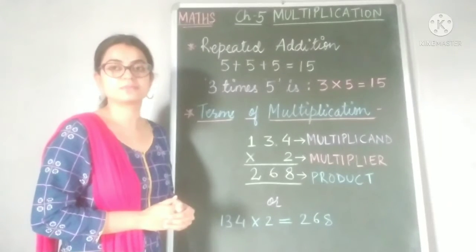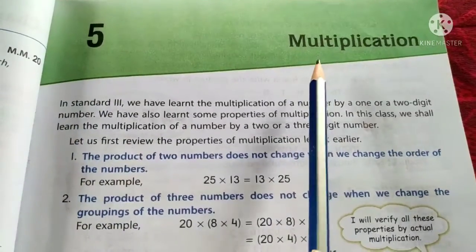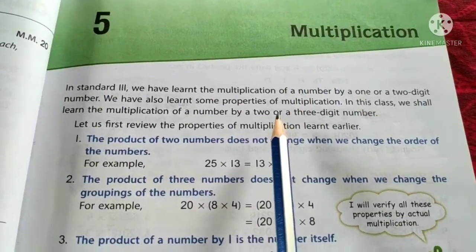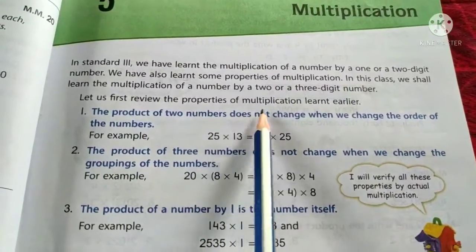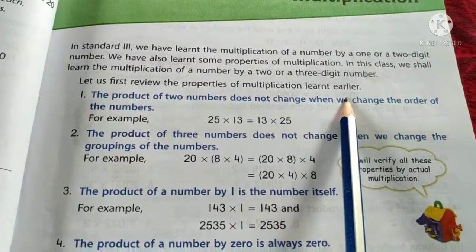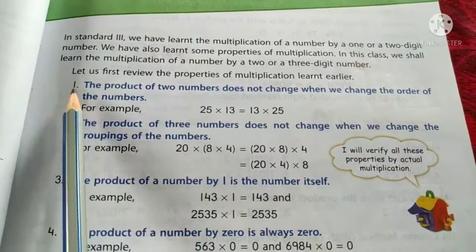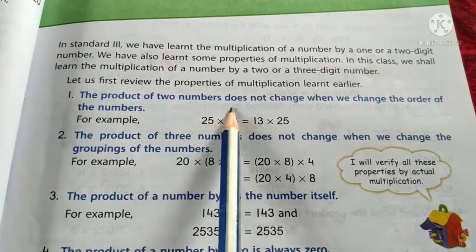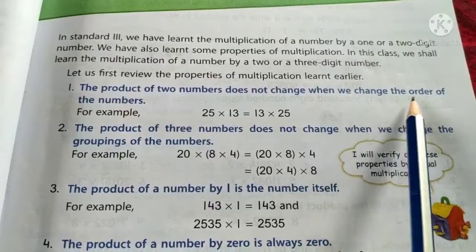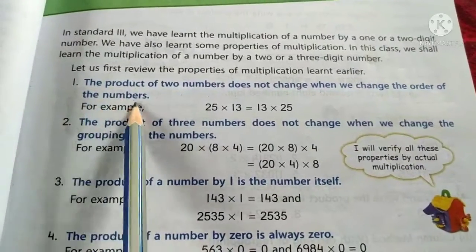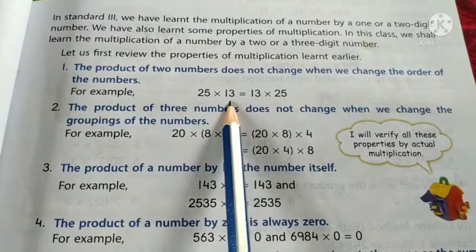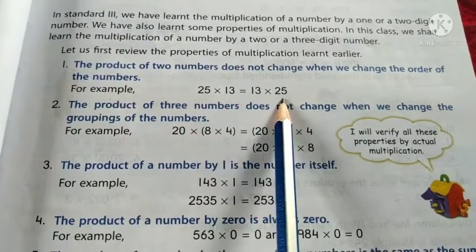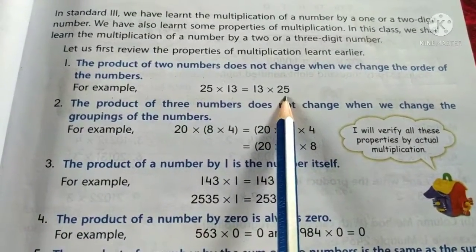Now we will take a look at some of the properties of multiplication that we have learned in the previous class. Children, now that you know that multiplication is a form of repeated addition, let us review the properties of multiplication that we learnt earlier in class 3. First, the product of two numbers does not change when we change the order of the numbers. For example, if we multiply 25 by 13 or 13 by 25, the answer will be the same.